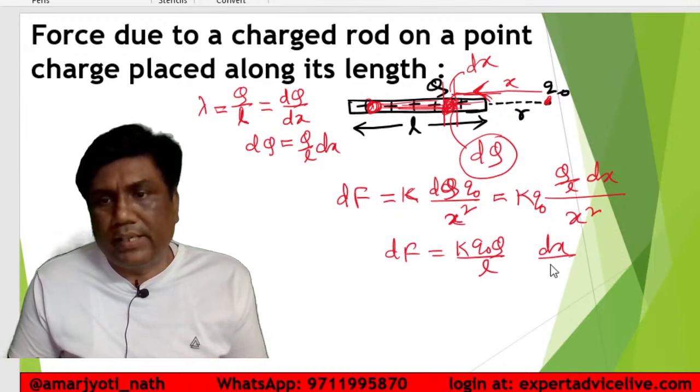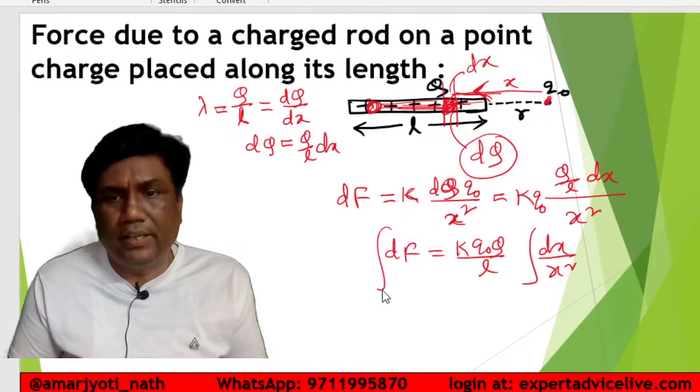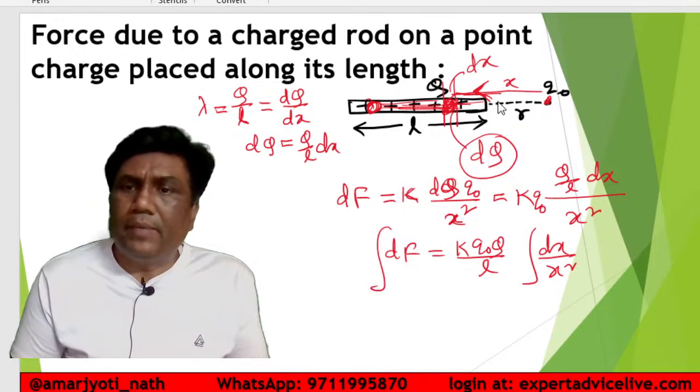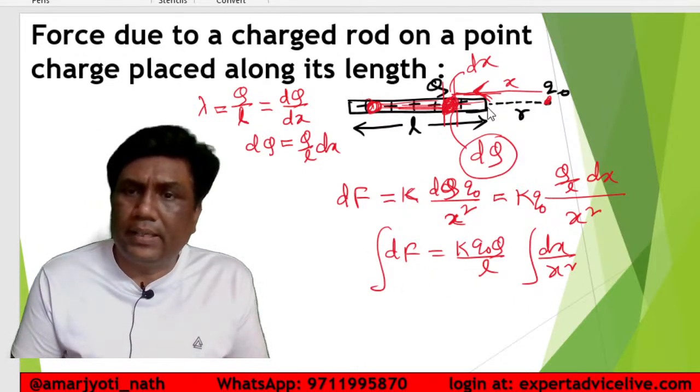So dx upon x square is left to integrate. What is the lower limit of x? The dx element can be taken from here to here only.